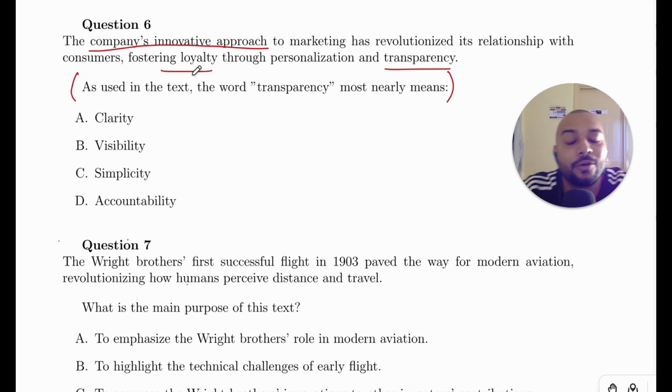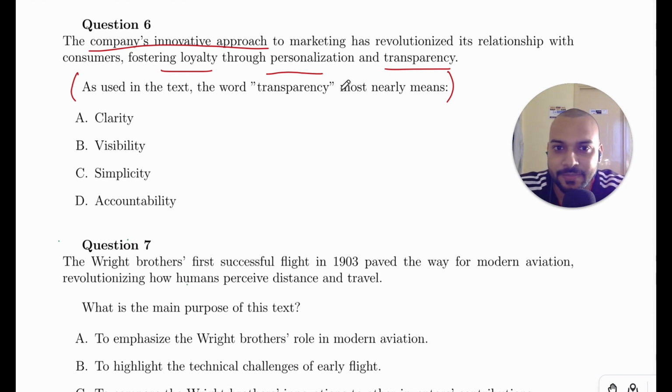We need to know what loyalty means here. So loyalty in this context suggests that there's a good, trustworthy relationship between the company and the consumers. There's a trust between them, and it has been achieved through personalization and transparency. Personalization, coming from the word personal, can mean that it's personalized according to the consumers. What the consumers want to hear or want to see, the company is providing that.